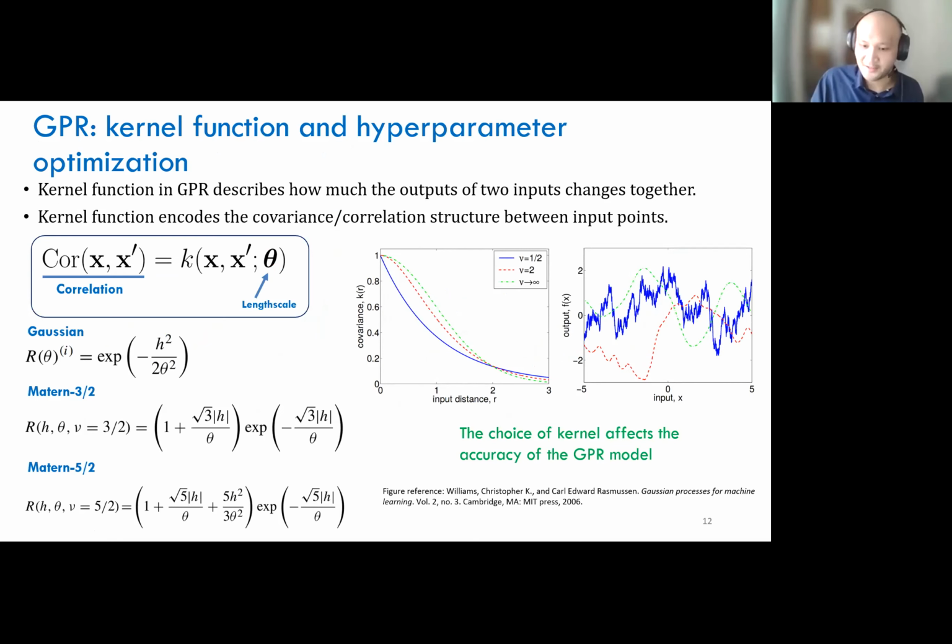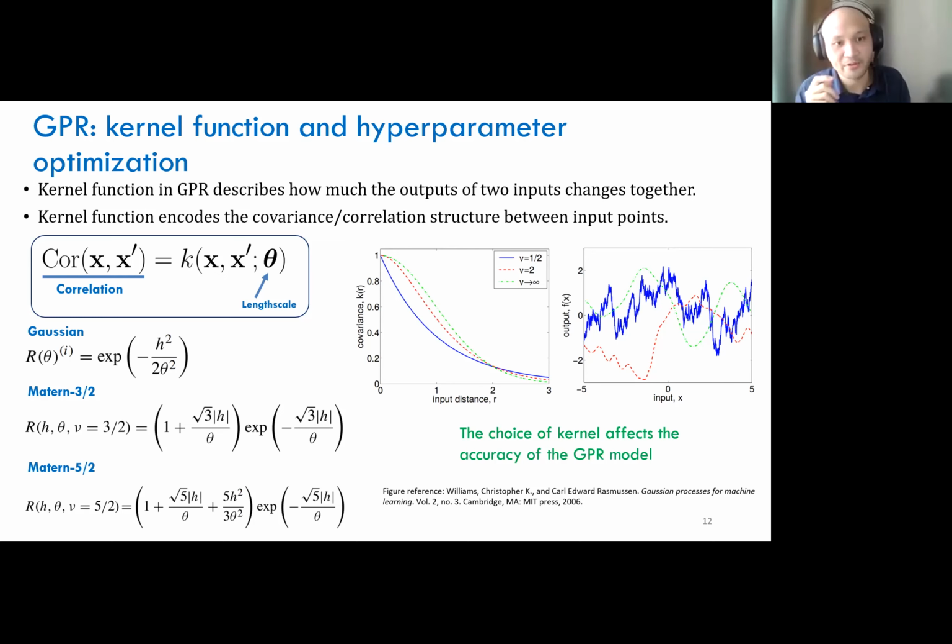The idea is like this. When you have points that are close to each other and you evaluate the responses, the y, by common sense we know that the values will not change that much. But the farther these points are, the more the correlation will decrease. So we encode that kind of common sense by using a kernel function or correlation function.